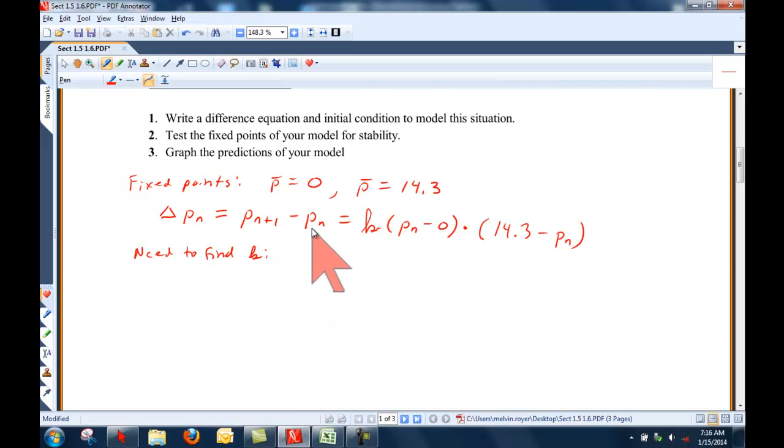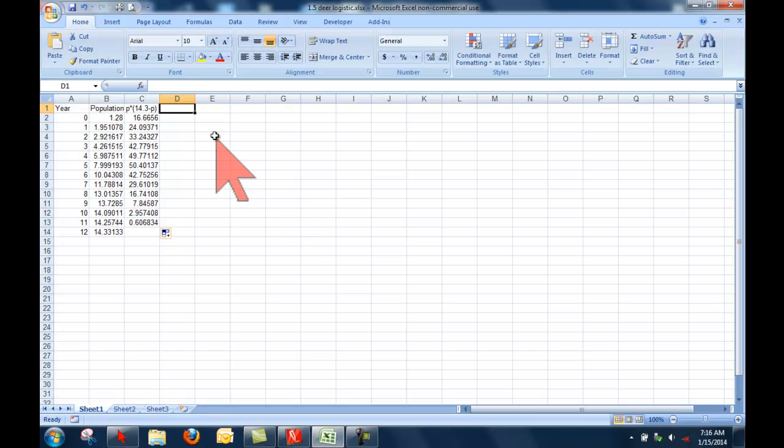This expression here, p sub n plus 1 minus p sub n, should be the y's. So over here, let's call it delta p. And each entry here should be the next population minus the current one.